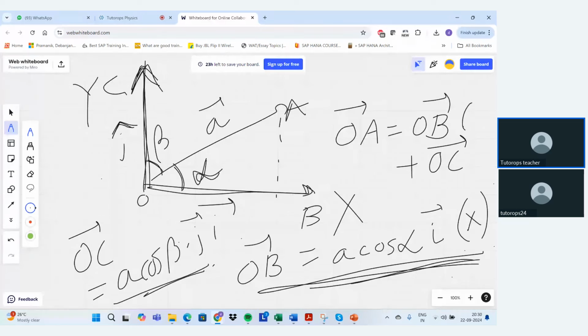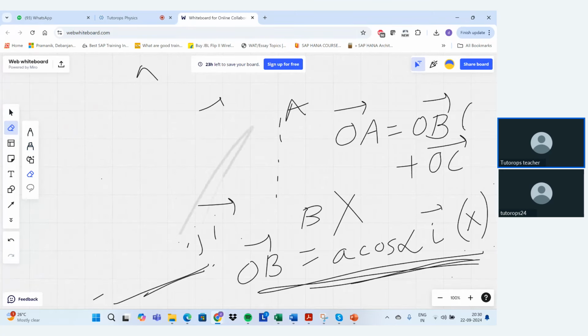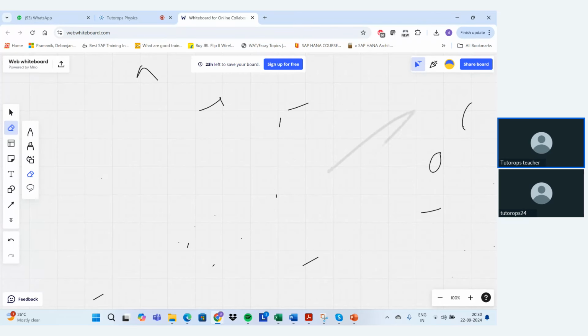Now let me come to a formula for it. I always like to drill down things, not just mug up. Just rote learning won't get you anywhere, okay? That's why I'm trying to drill down how it comes. So you got it for the 2D plane, right?